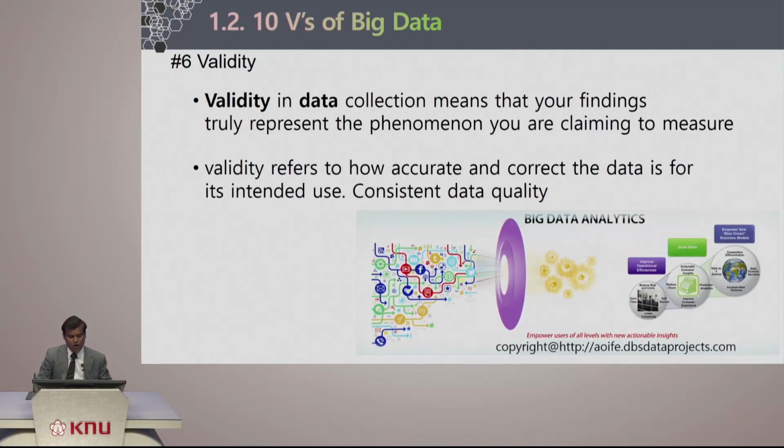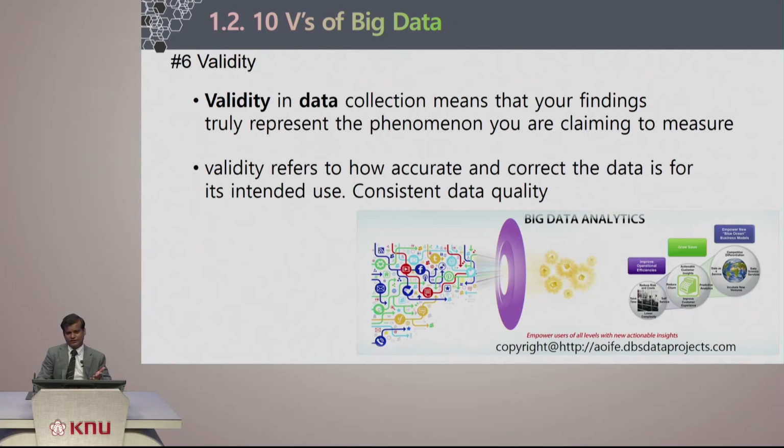Then comes the validity of the data. Validity in data collection means that your findings truly represent the phenomena you are claiming to measure. Yes, can you validate the data? It's one of the important parts. It's not about just having the data. Can you really validate?